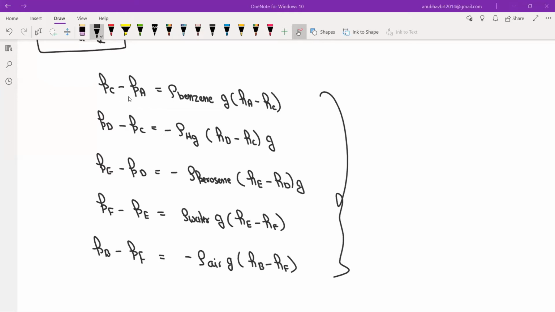C point is below A, that's why positive. D point is above C, that's why negative. E point is above D, that's why negative. F point is below E, that's why positive. And B point is above F, that's why negative. Is it clear? If there is any doubt at any point, just ask without any hesitation. Otherwise, in GATE, you will not be able to solve such type of question.